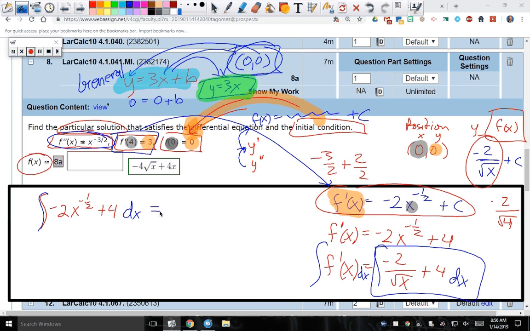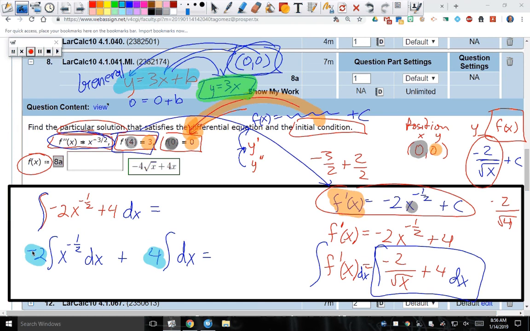And you can rewrite, some of you can see it already. If you struggle with this, I would constant multiple rule this negative 2 out, and I would divide this up into two separate integrals. Okay? Notice how I applied the integral, dx with respect to both, and I constant multiple ruled out both of the coefficients.